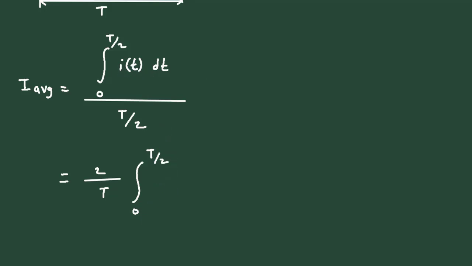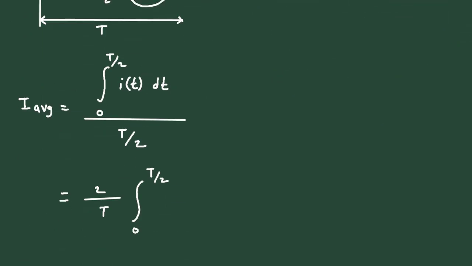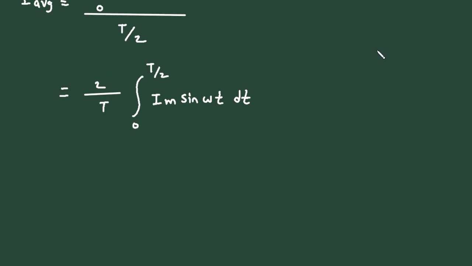Now in place of I of t, we can write Im sin omega t dt. Now this Im is constant. Im is the maximum value of current, so it will be constant. So 2 Im divided by T.